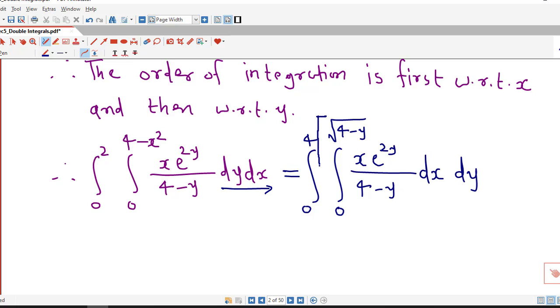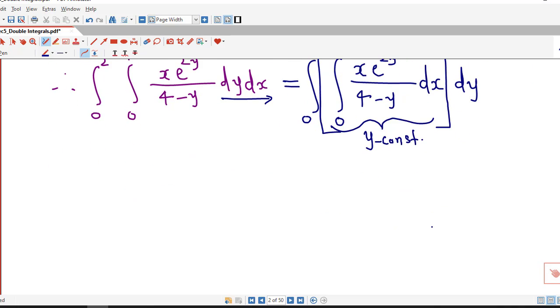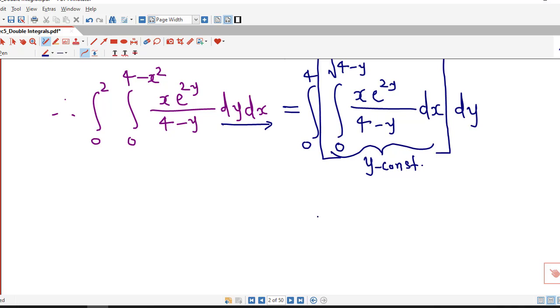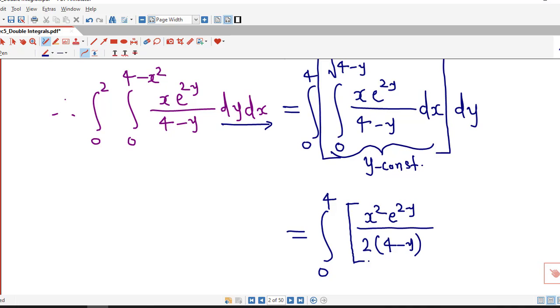Now to evaluate this double integral, first we find the value of the inner integral. Here the integral is with respect to x, so we will consider y as constant. Because y is constant, e raised to 2y upon 4 minus y is constant, and the integral of x is x square by 2.